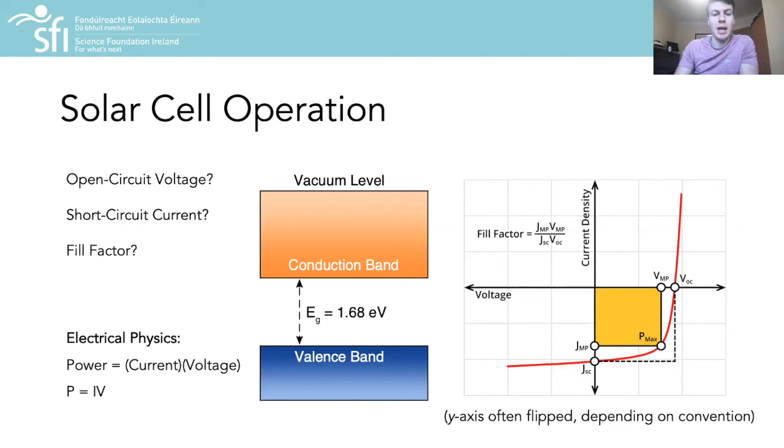The electrical power in a device is given by this formula here. So power is equal to current times voltage, or P is equal to IV.